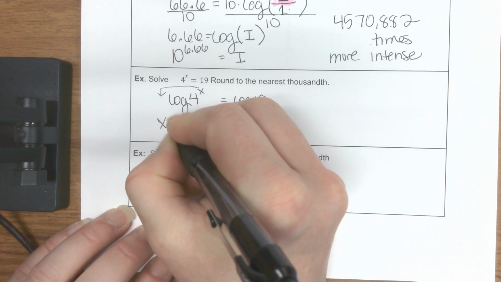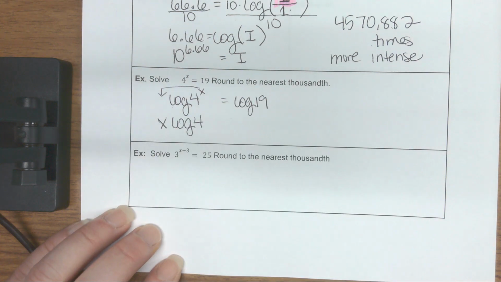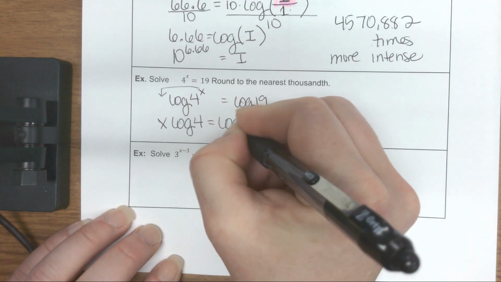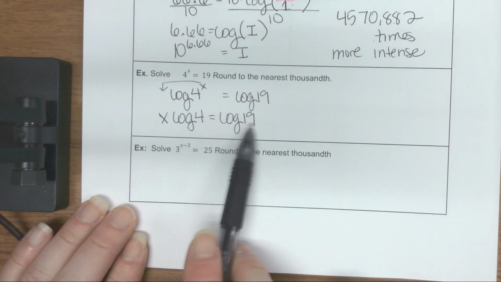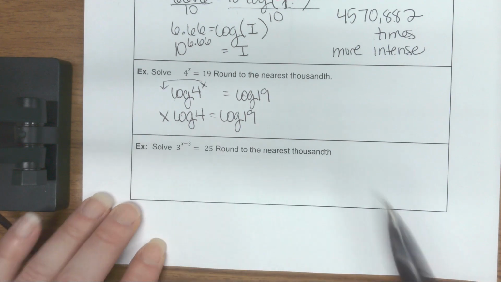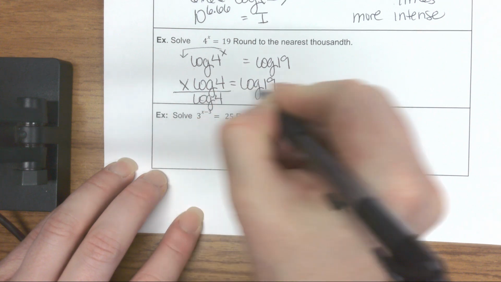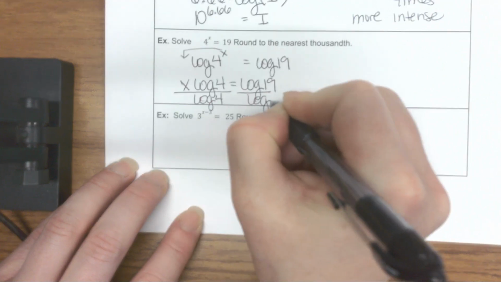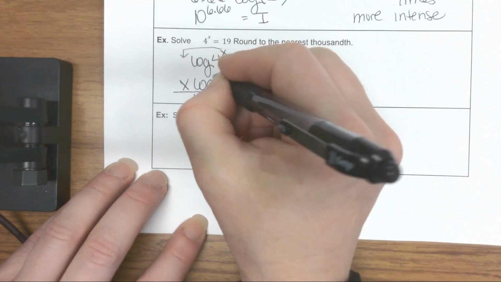So now I have x times log of 4 equals log of 19. Because your calculator is going to evaluate these, I'll show you in a second, you can solve for x by dividing both sides of this equation by log of 4. Okay, so you do that.